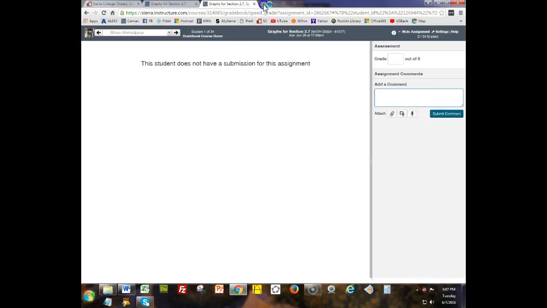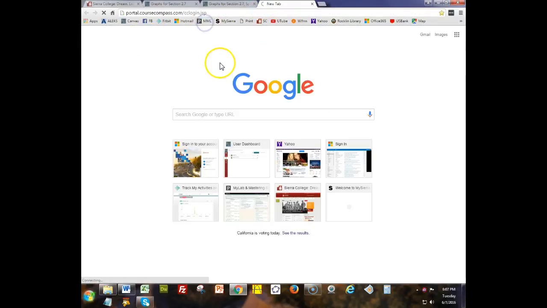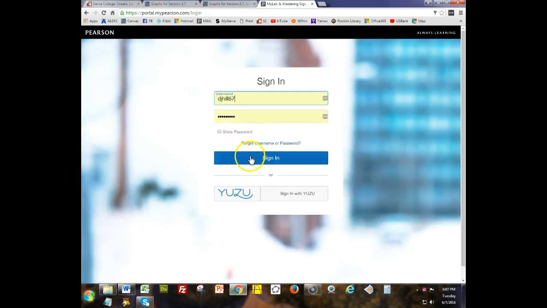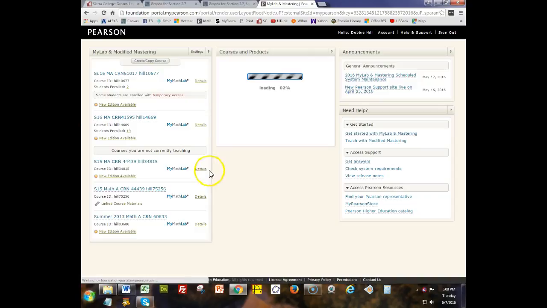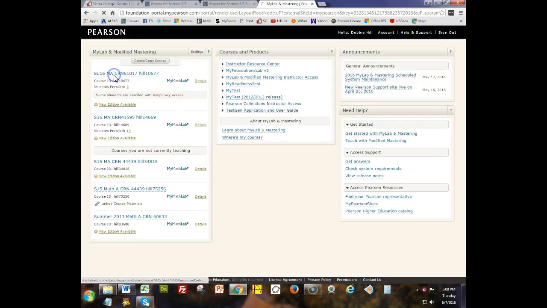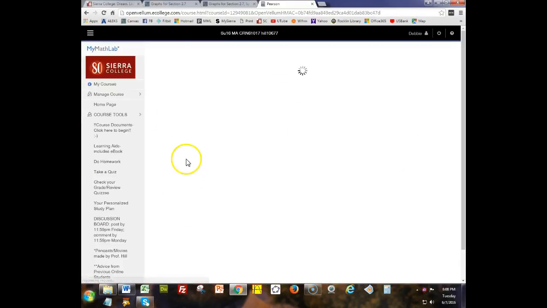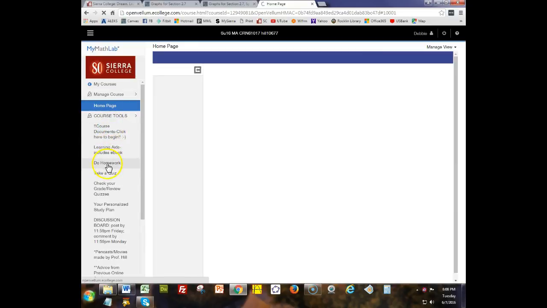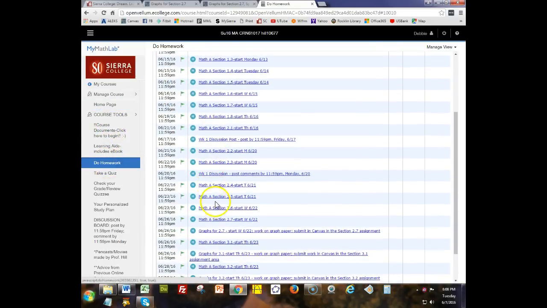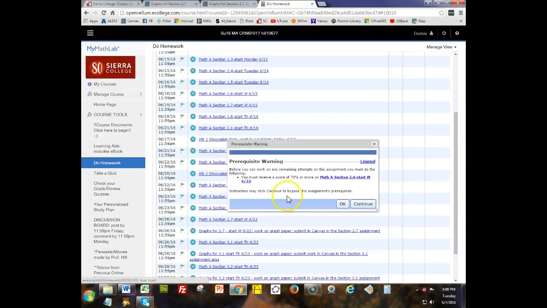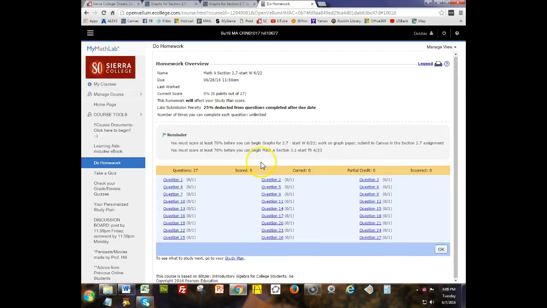So let me show you in my math lab what the assignment looks like. So when you get to these, you'll be prepared. So the first one was section 2.7. So I'm going to go to the homework for section 2.7. And you will need to work up to this section.